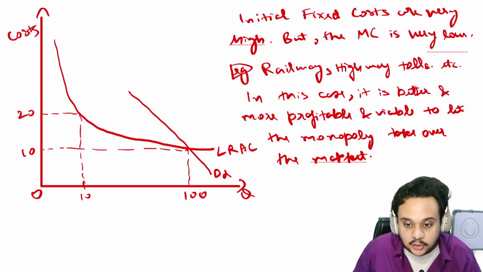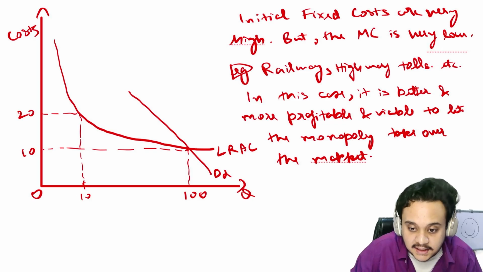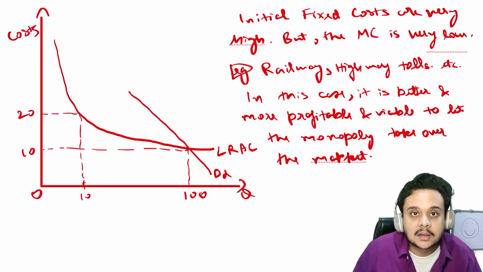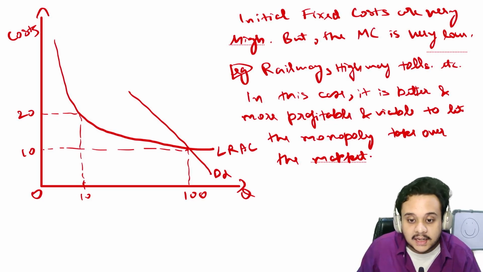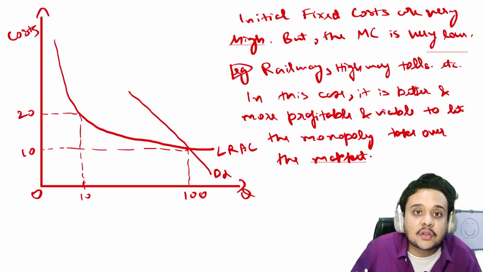Okay, so it is better and more viable and sustainable for the entire industry to let a natural monopoly take over rather than to bring in more firms, because they are going to face a loss, and this is called a natural monopoly. Okay, a monopoly that has to exist by the very nature of the industry.